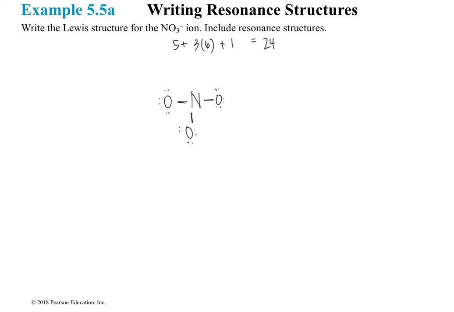So notice we could create a double bond on any of those oxygens. I'm going to first do it here, that double bond, and remove this valence pair. But I could have equally done it on the others, so that will be what I do down over here.